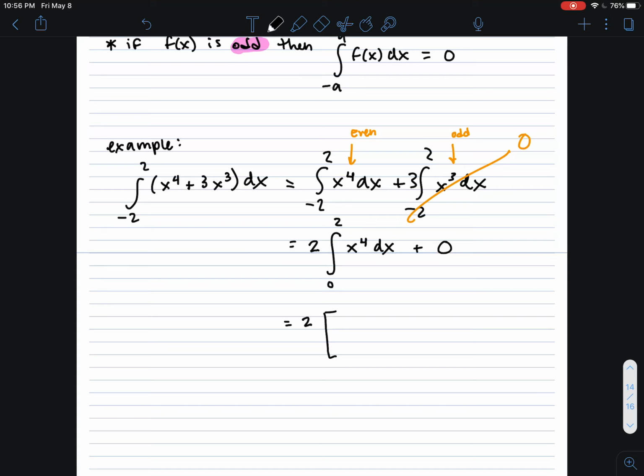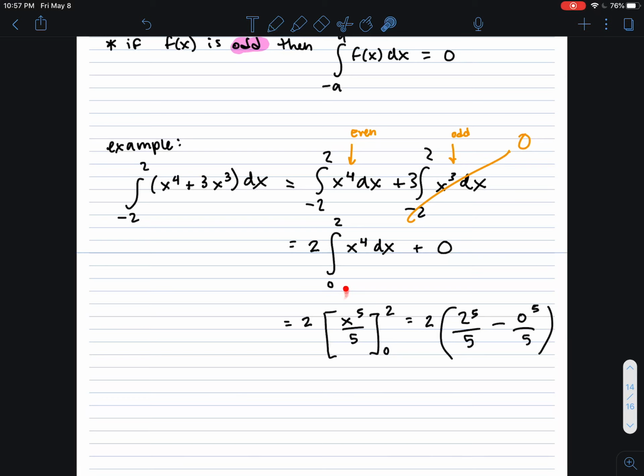We're going to get 2 times, when we take this integral, we get x to the fifth over 5 from 0 to 2, which gives us 2 times, in big parentheses, 2 to the fifth over 5 minus 0 to the fifth over 5.